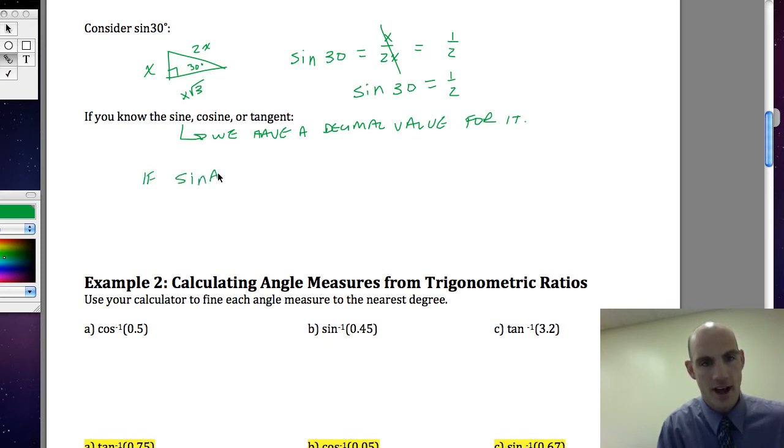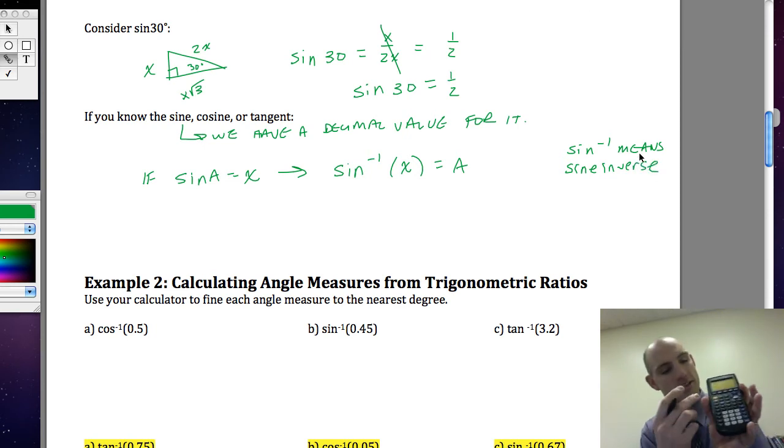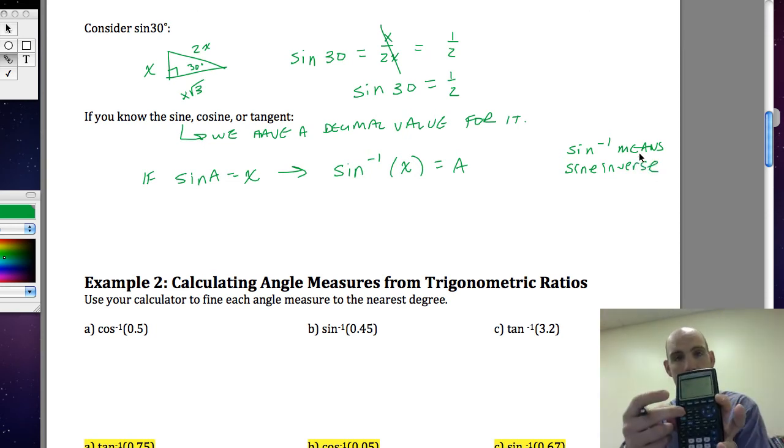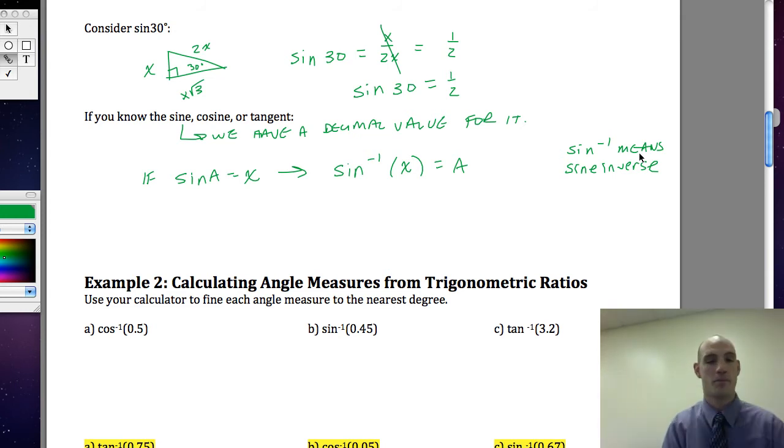If sine of A equals x, it follows that sine inverse of x equals A. Sine minus 1 means sine inverse. It's on your calculator. It's the second function. So you hit the yellow button, second, and you hit sine, and it'll come up with a sine minus 1.